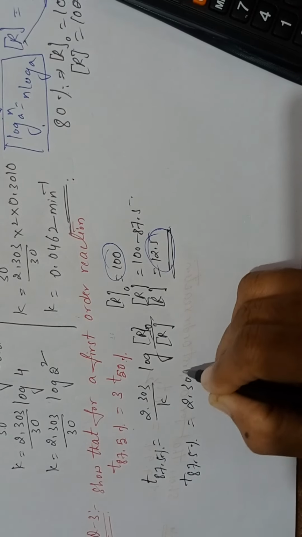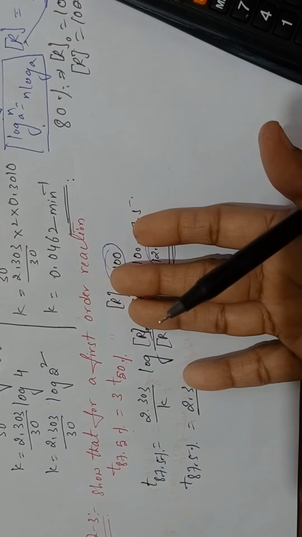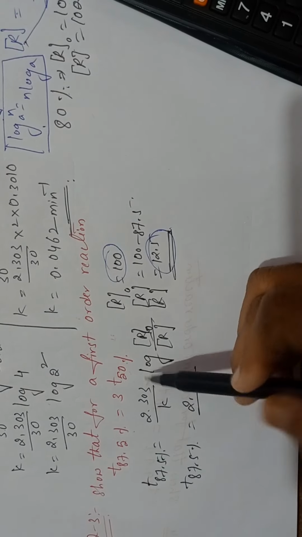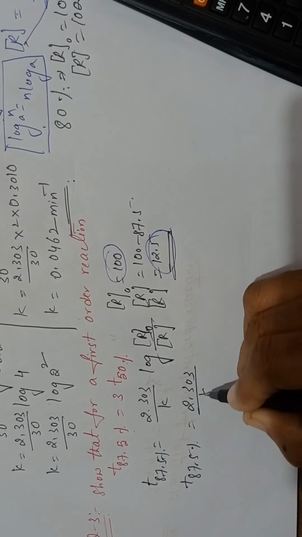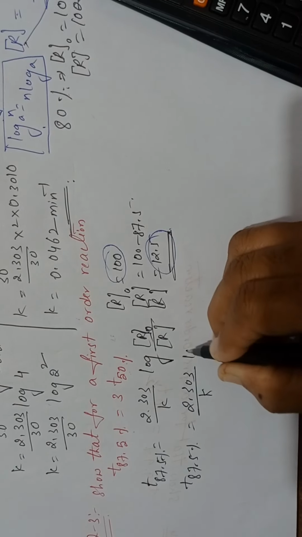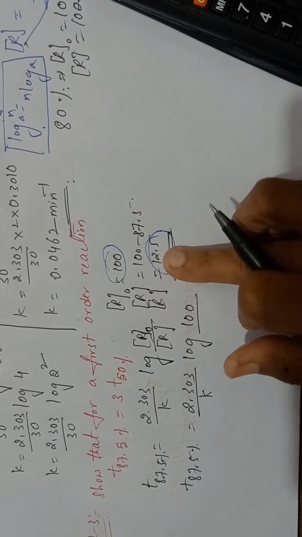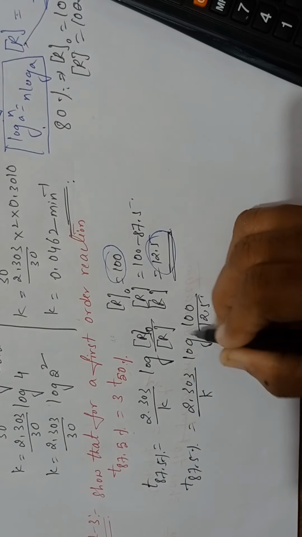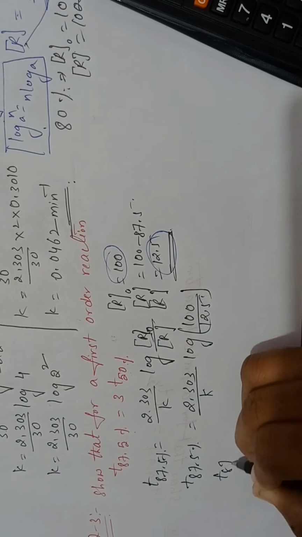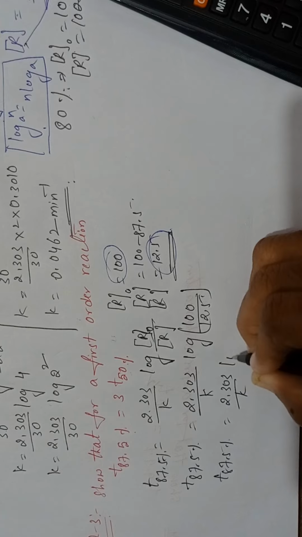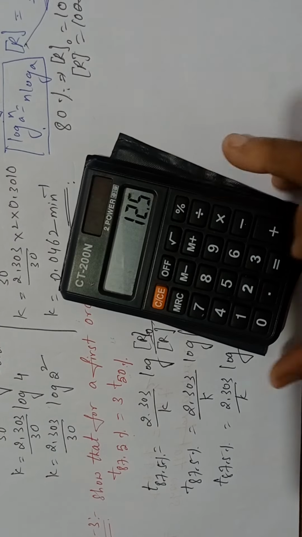The K value is not given in the question. We have to show that this is equal to 3 times T 50%. Just as it is, you keep into logarithm of R naught, which is 100. R value is 12.5. Clear? So T 87.5% is equal to 2.303 by K into logarithm of 100 by 12.5.